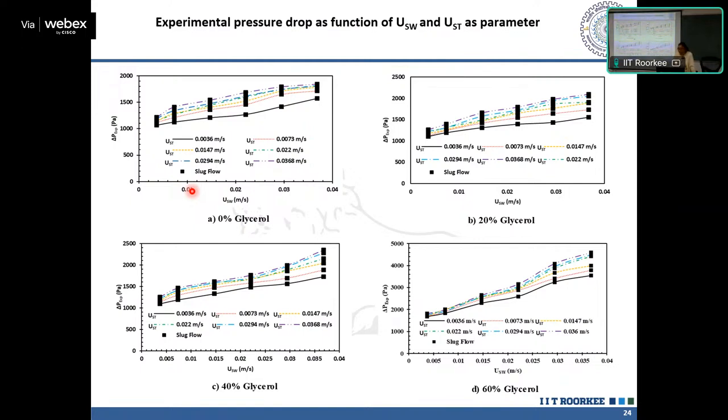So the pressure drop is increased a few fold. If you compare the highest pressure drop, it is at least more than 2 times between the least viscous and the most viscous continuous phase.